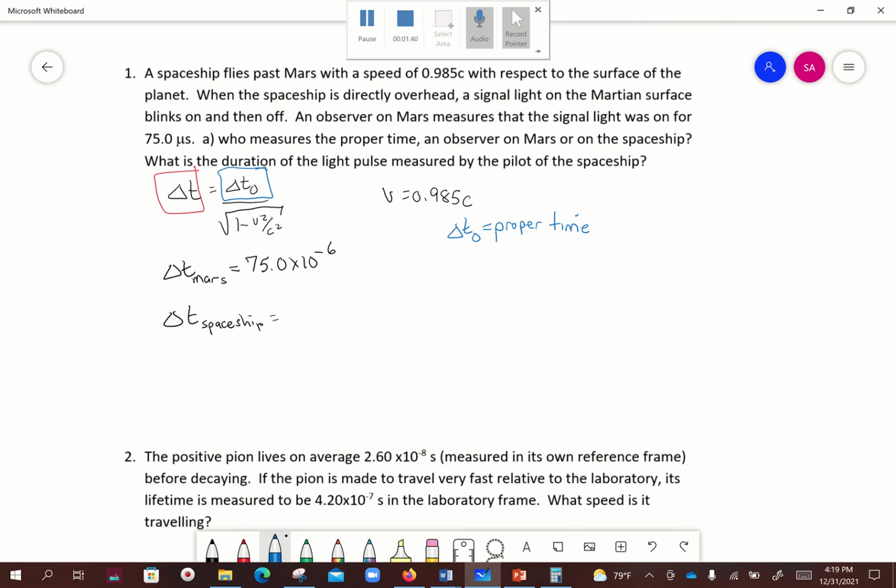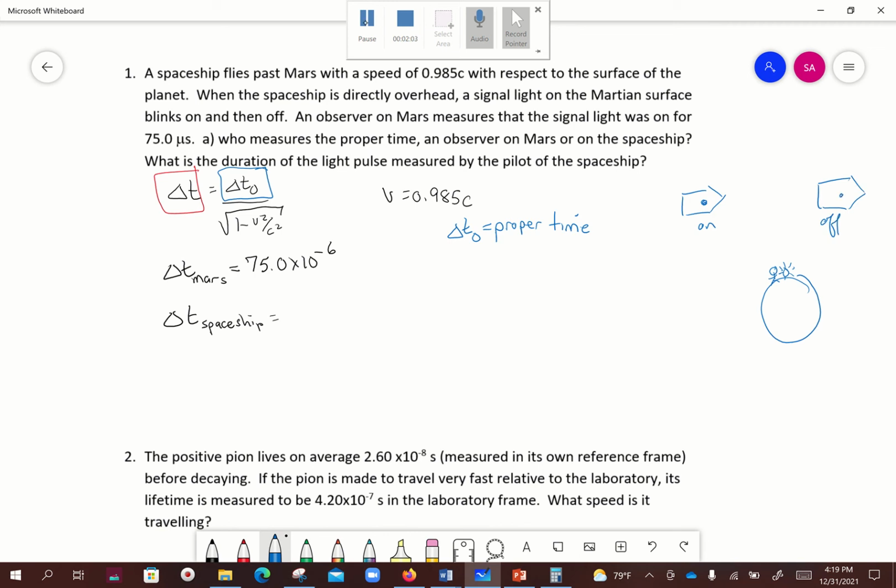Well, if I draw a quick little picture over at the side. Here I am on Mars. The person standing on Mars sees the light go on and off, and sees that happen at the same location. The spaceship, my rocket ship, might be over here when he sees the light go on, and then he's going to have traveled all the way over here by the time he sees it go off.